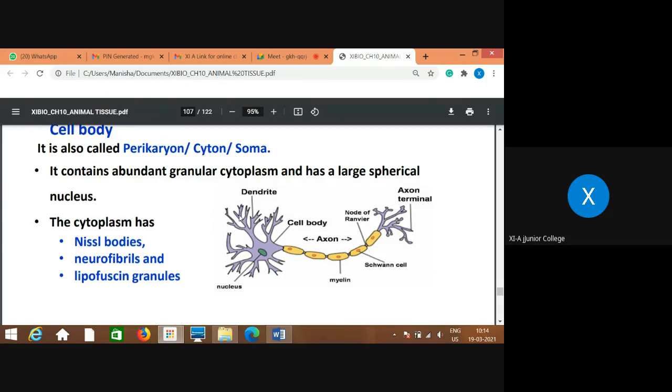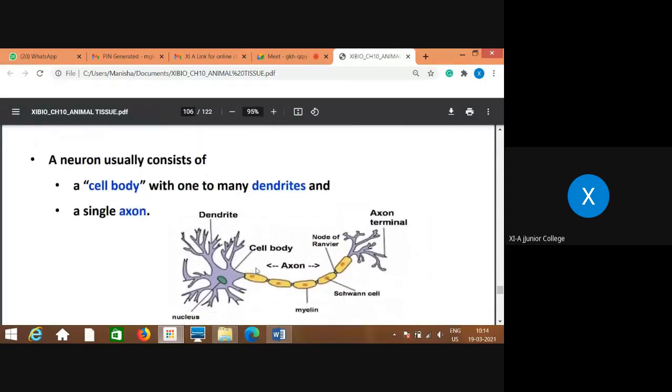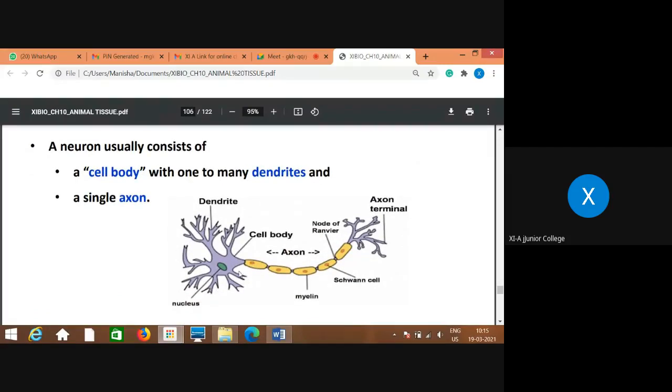Cyton gives out branches called dendrons, and these are again branched into smaller ones called dendrites. And what does the cell body or cyton contain? A centrally placed nucleus surrounded by cytoplasm, and this cytoplasm is called neuroplasm, which is covered by a layer called neurolemma. In the case of axon, the plasma lemma is called axolemma, and the cytoplasm is called axoplasm.